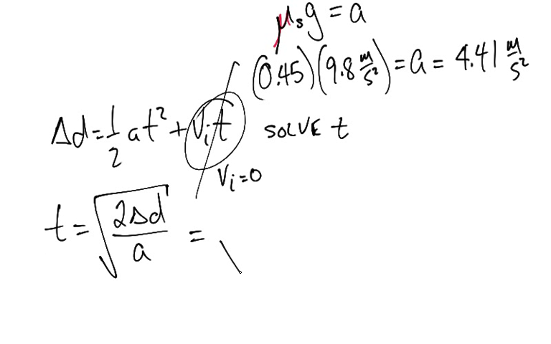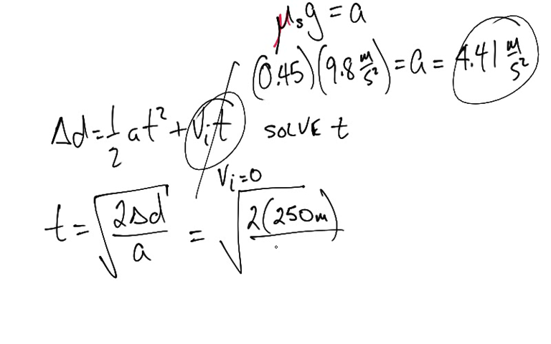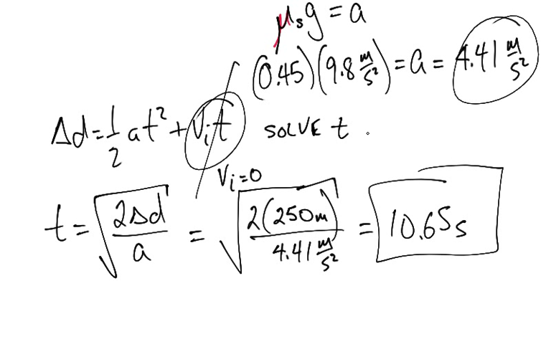Now, if we plug in our values, what do we get? 2 times delta d, which was 250 meters, divided by an acceleration that we've already calculated, 4.41 meters per second squared. And if you work that through, you should get an answer of 10.65 seconds. And that's our answer.